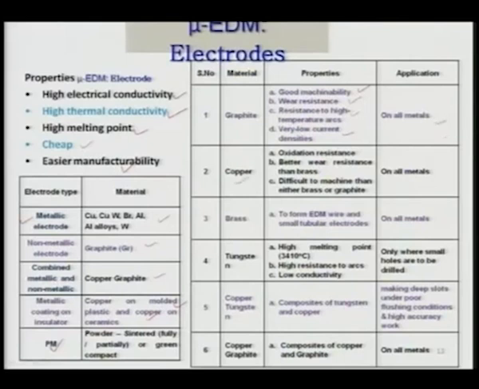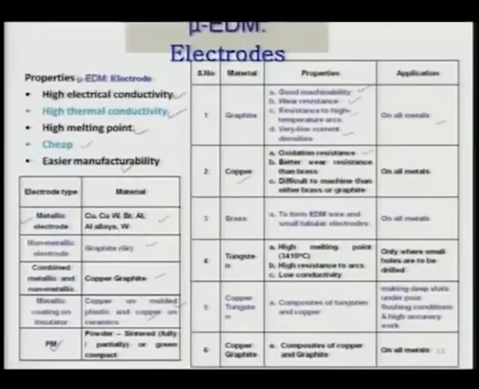Copper is a very commonly used tool material. It has oxidation resistance, better wear resistance than brass, and is more difficult to machine than either brass or graphite. That is one of the weaknesses of this particular material as a micro tool for the EDM process. Again, it can be used for all kinds of materials.